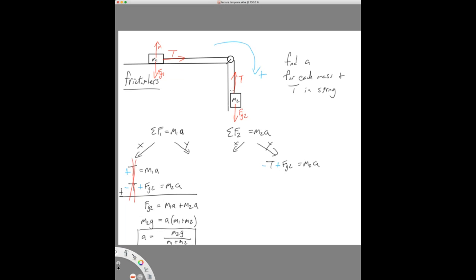That is, what if M2 is a bowling ball and M1 is just a paperclip? So if that's the case, we should expect M2 to fall pretty fast. If it's really heavy and M1 is not very heavy, then M2 should fall pretty fast. How fast? Close to G. It should be almost in free fall.